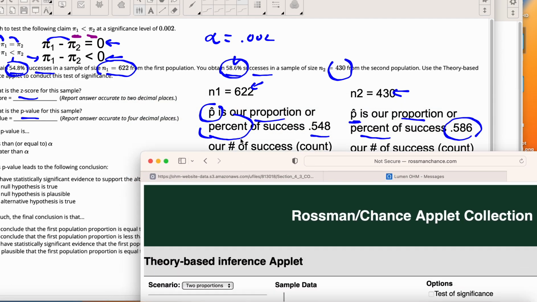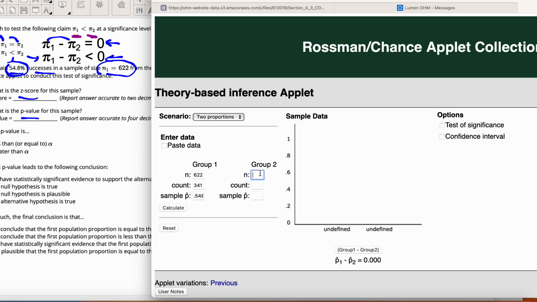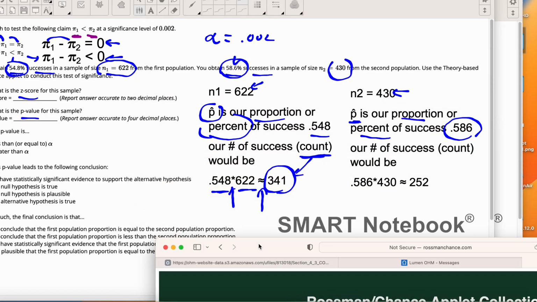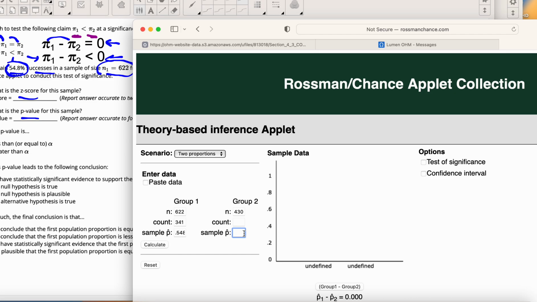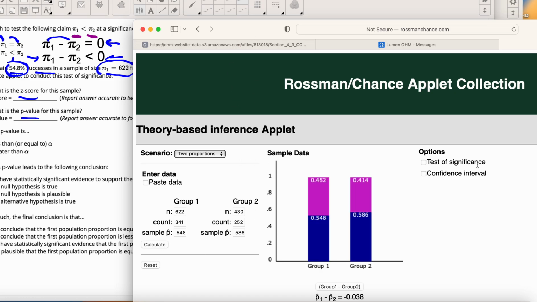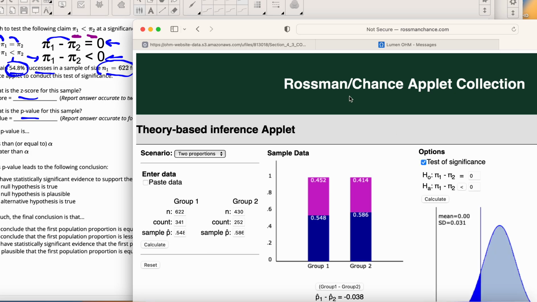For my group 2, my N is 430. I'm going to put my p hat in, 58.6%, 0.586. It's going to calculate my count, 252. I'm doing a test of significance.